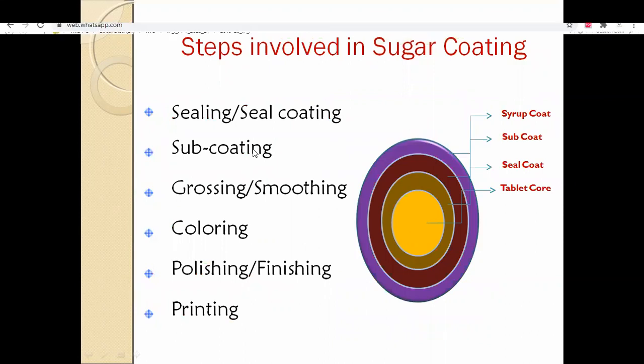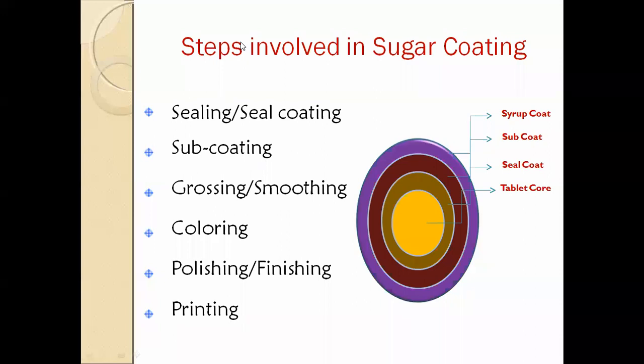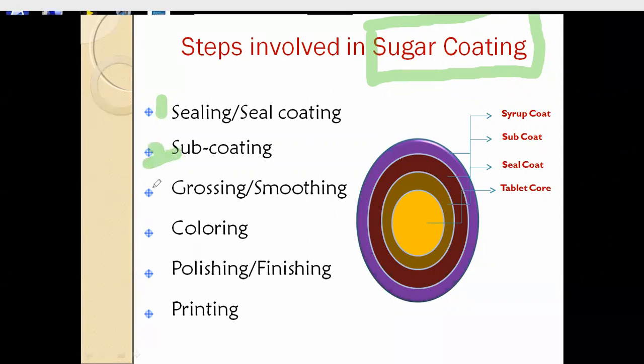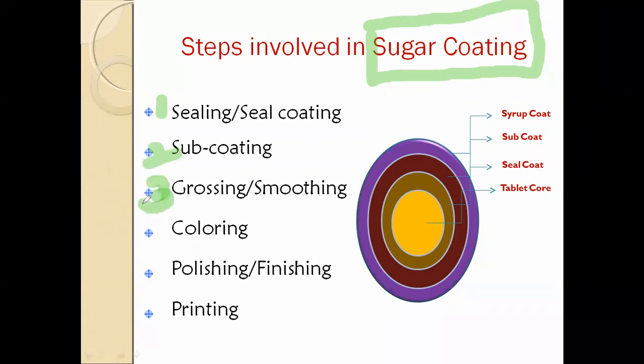Now coming to the important point of sugar coating, that is which are the different steps involved in sugar coating. We have seen that the sugar coating process is a multi-step process. It includes steps such as sealing, then subcoating, then glossing or smoothing, and coloring, polishing, and printing.